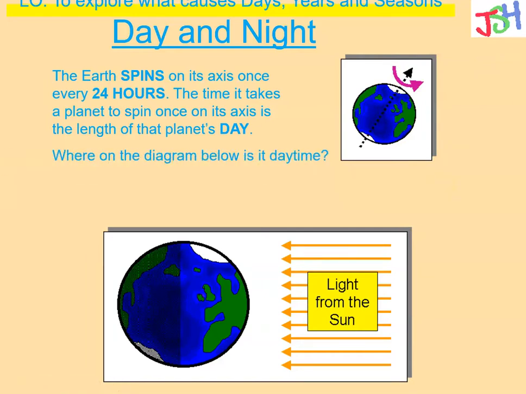Where on the diagram below is it day time? Please put your finger where you think it is. Okay, let's see whether you're right. Oh yes, well done you. Next question. Night time. Of course, well done. Okay, how about sunrise? Of course, the equator. Thank you.